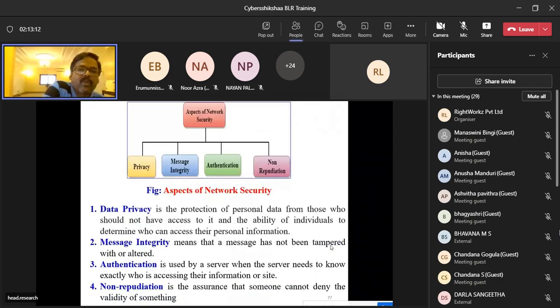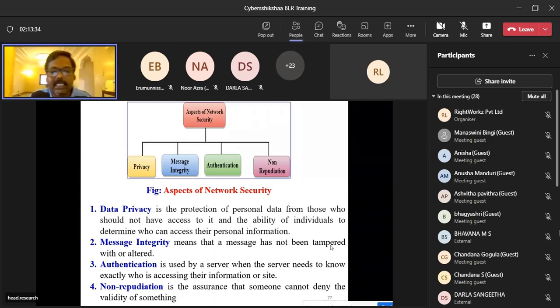And these are the aspects of network security. There are four types, like privacy: how you are protecting data at the system level, server level and data center level. It is the protection of personal data from those who should not have access to it and the ability of individuals to determine who can access their personal information. That is called data privacy.